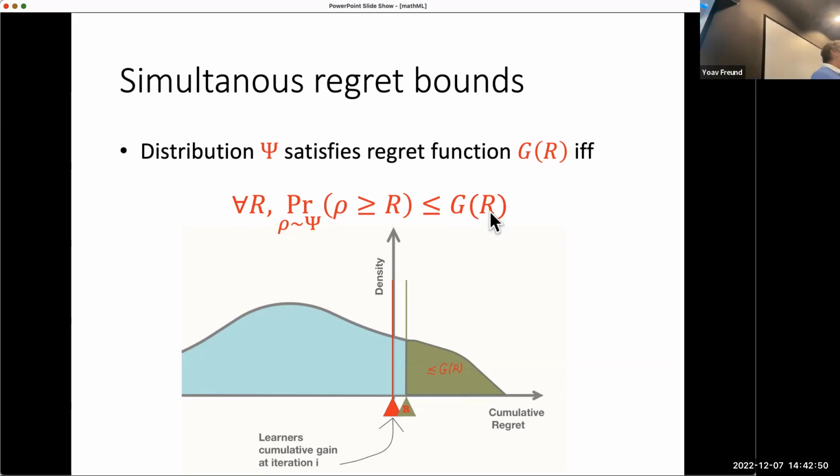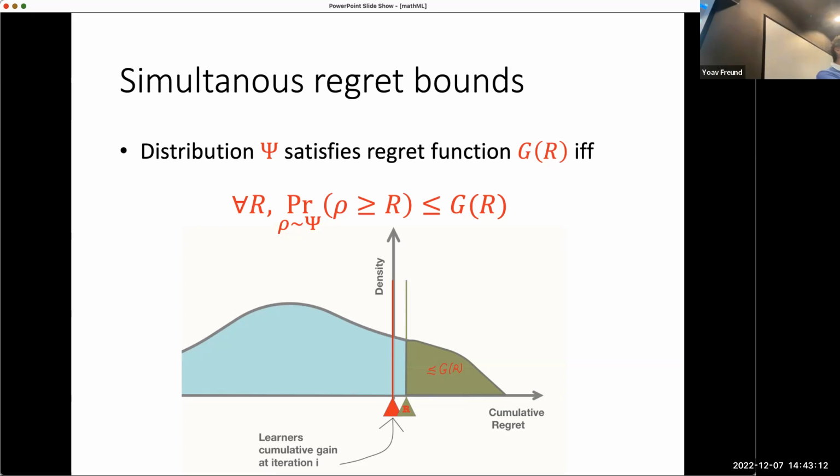So that basically means I'm not guaranteeing it just for one epsilon, I'm guaranteeing it for all epsilon. Okay, so I have basically for any epsilon this guarantee, of course, depending on what this function g(r) is.